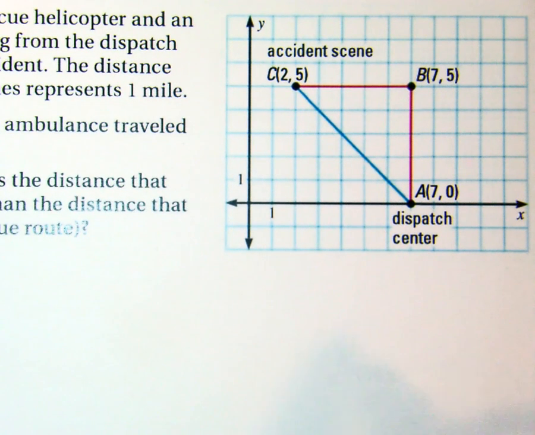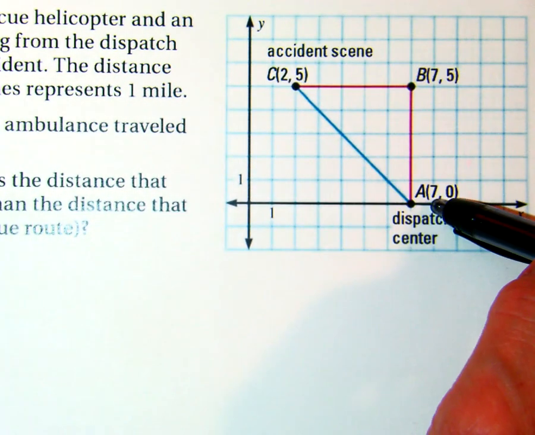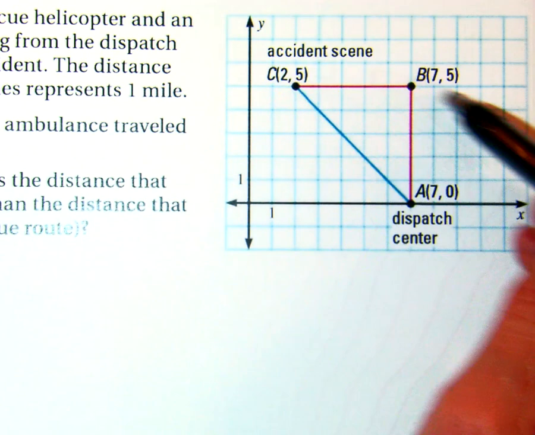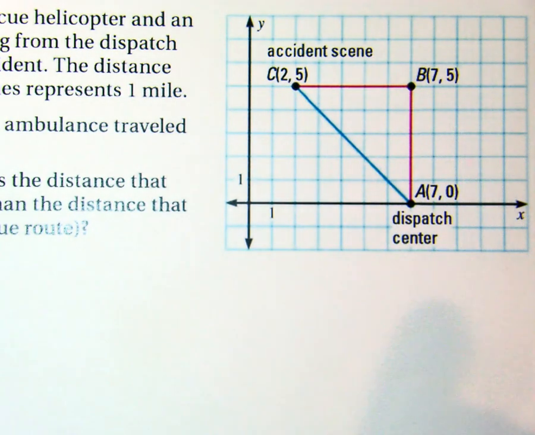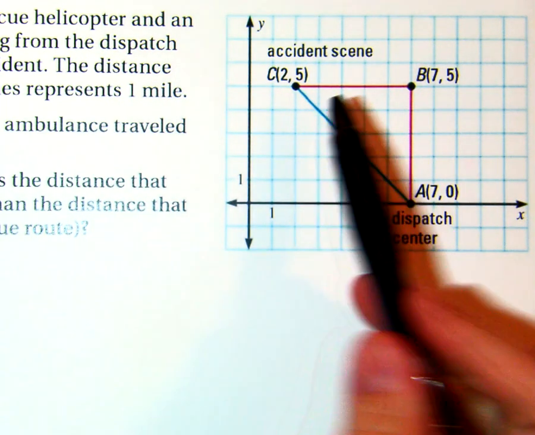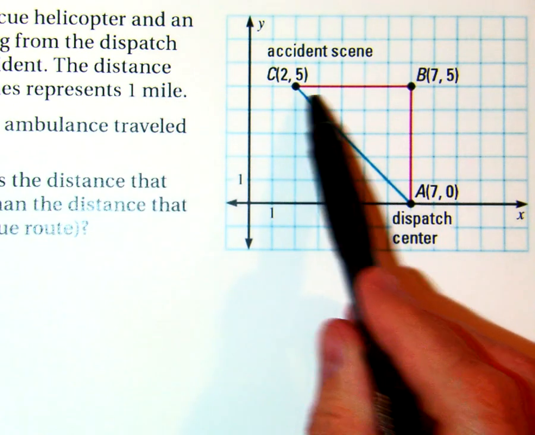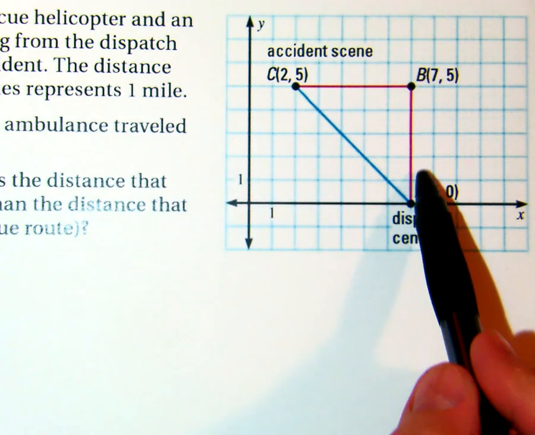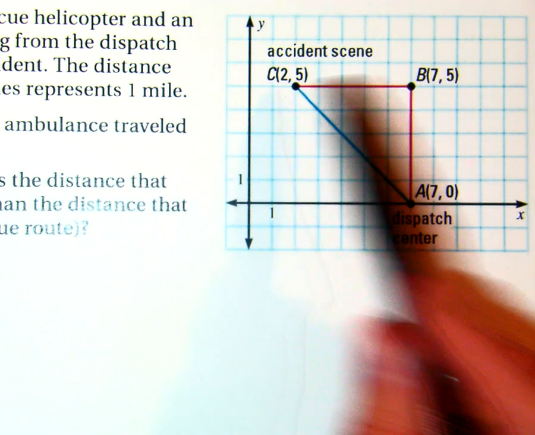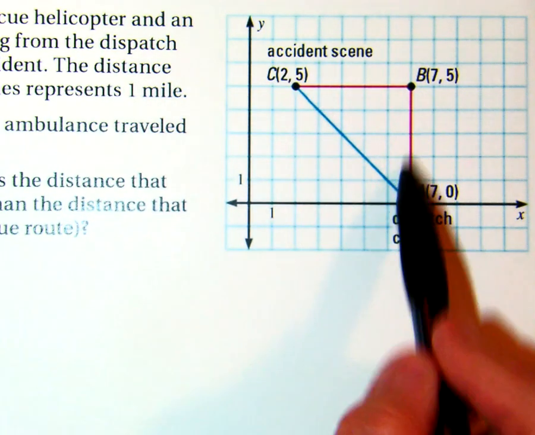Okay, we can use the distance formula between the 2 points, or we can see this as a triangle and count it. For counting it, we actually do need to count it either way. So the distance along the red route is 5 and 5 for a total of 10.